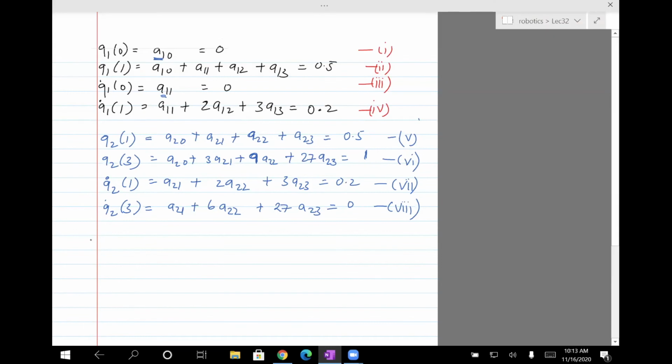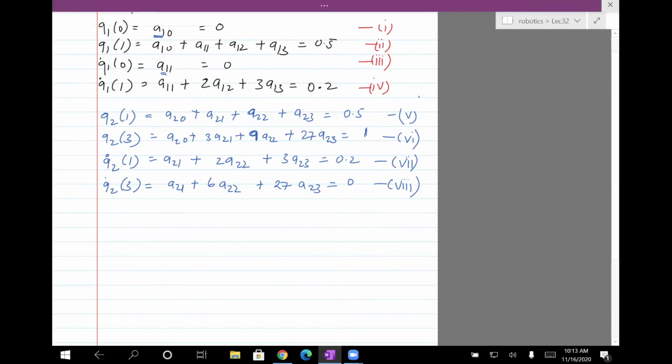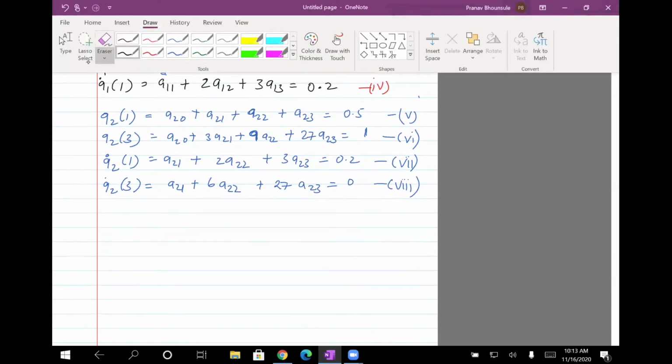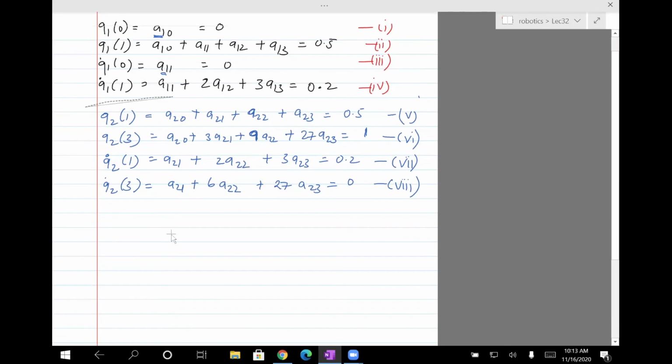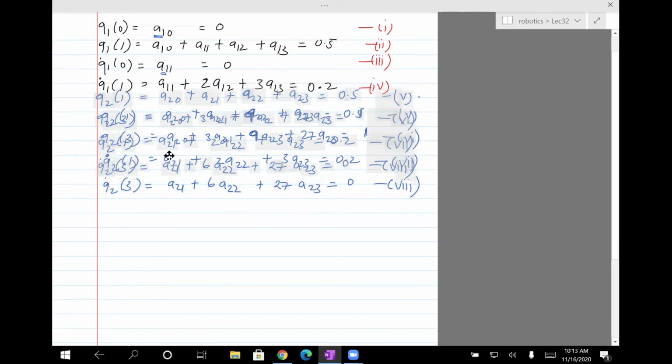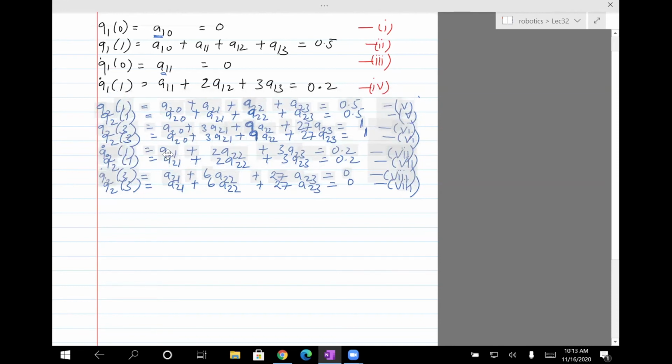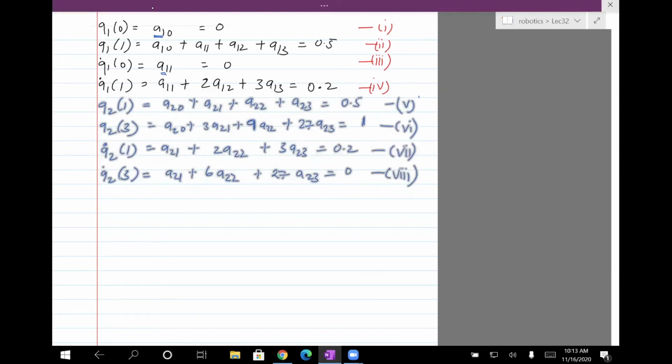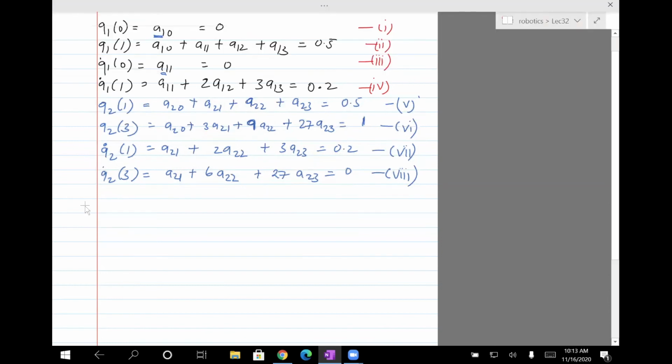Okay, we're all set. Let's try to write these equations in one giant matrix. So I would need 8 lines because there are 8 equations: 1, 2, 3, 4, 5, 6, 7, 8.